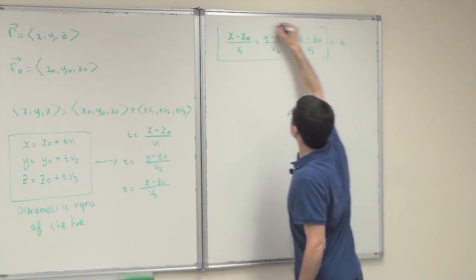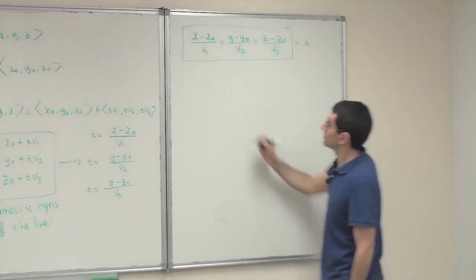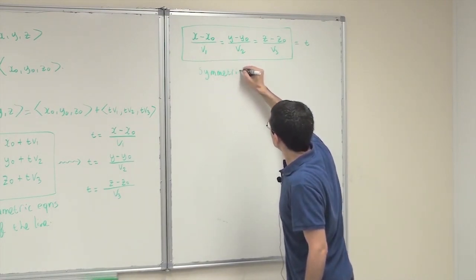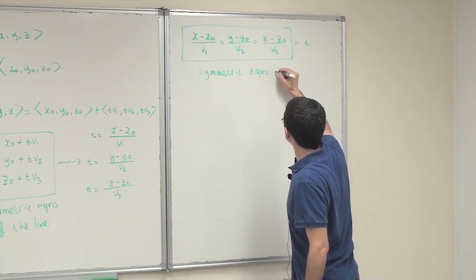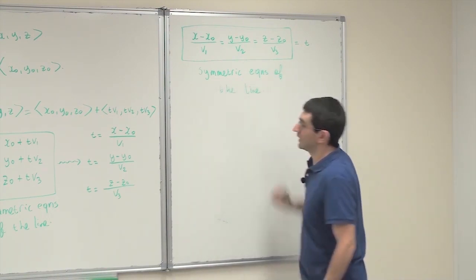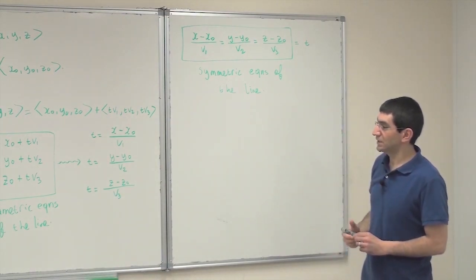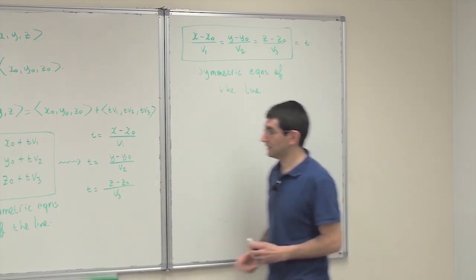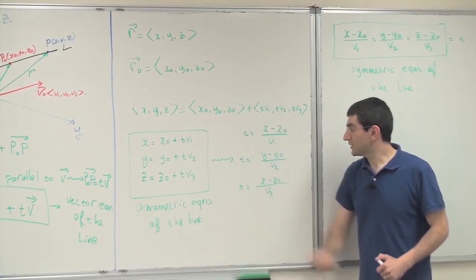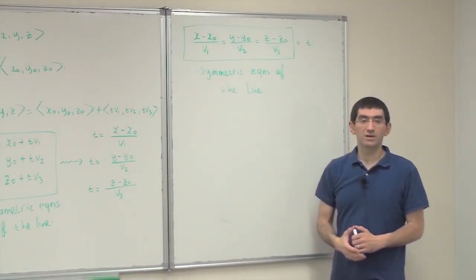This way of representing the line is called symmetric equations of the line. So now we have three ways to represent a line: by its vector equation, by its parametric equations, or by its symmetric equations.